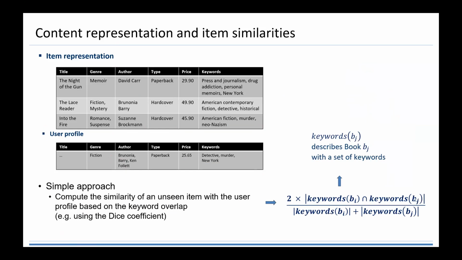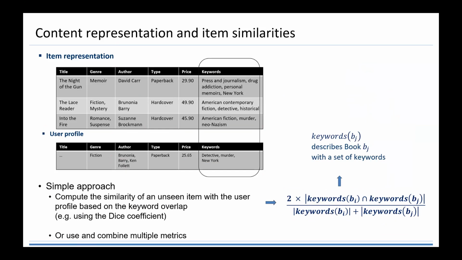If we have the keywords in one document, we want to know the intersection with the keywords in different documents. Then we take a look at the number of keywords in Bi and the number of keywords in Pj. Then we can look at the similarities based on the keywords, and also the similarities of particular items.